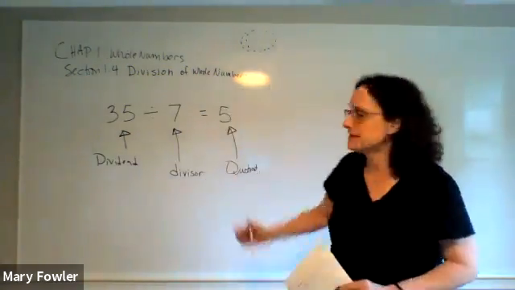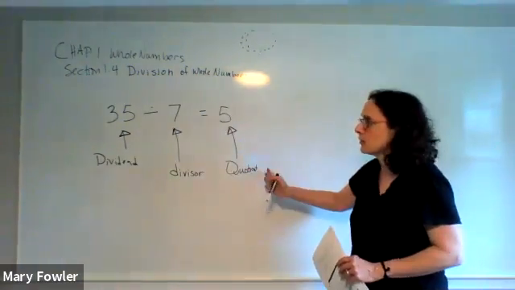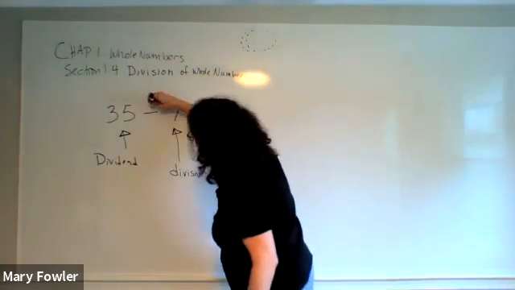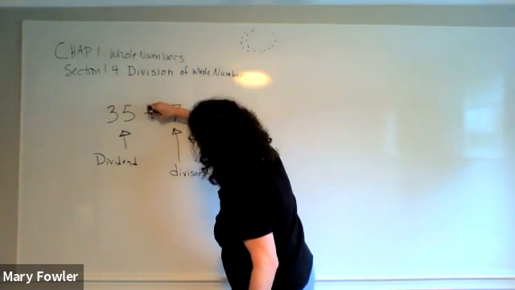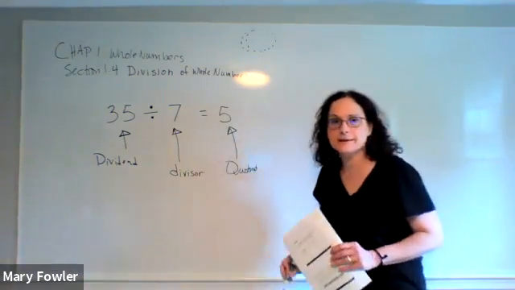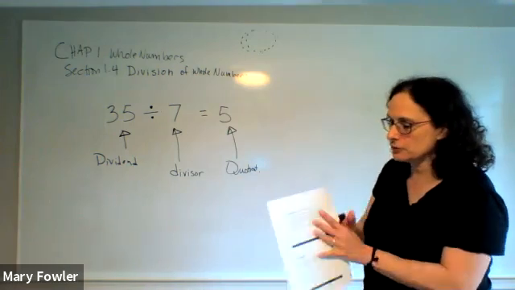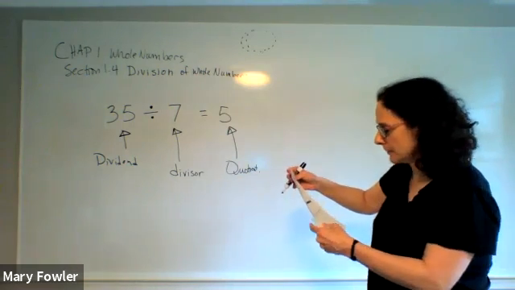So we have a dividend, a divisor, and a quotient. That makes it a little clearer, right? 35 divided by 7 is 5. Okay, so let's go ahead and do a little bit more complex problem.